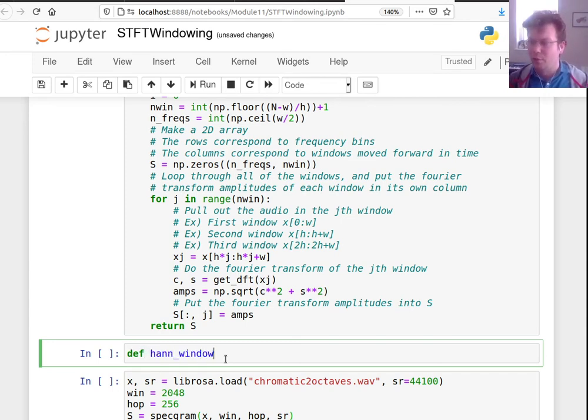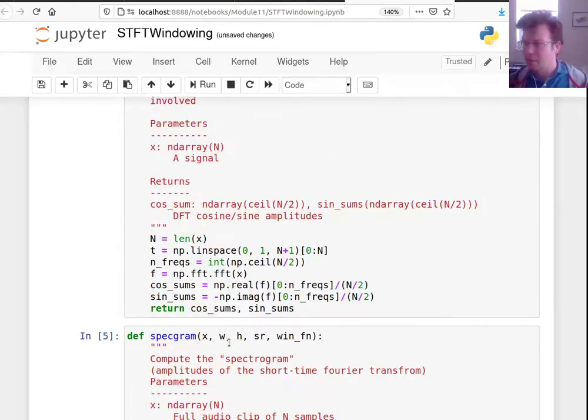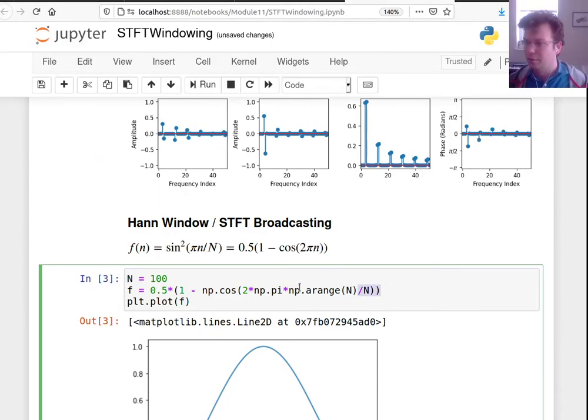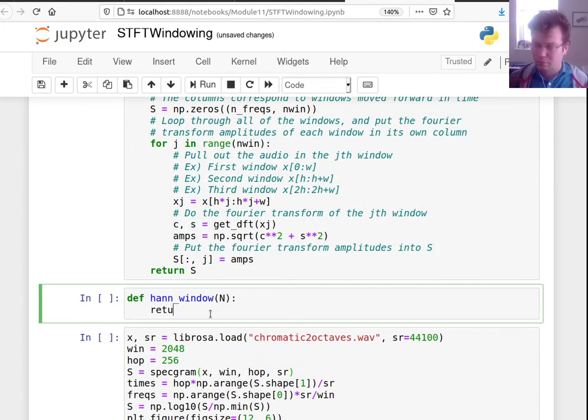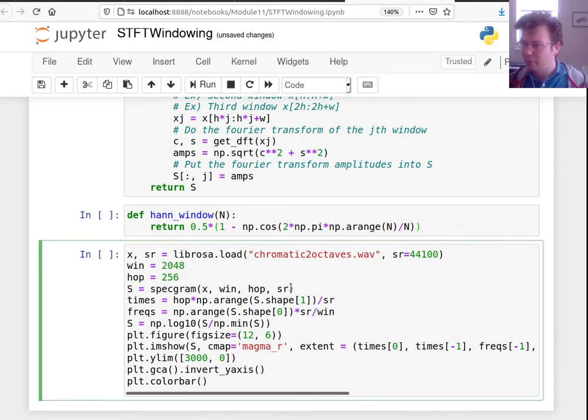So this is called the Hann window. I'll just return a Hann window with N samples, and let me just copy and paste the code I did a moment ago. So that would have been this. So that's it. I'll pass that along as a parameter, window.